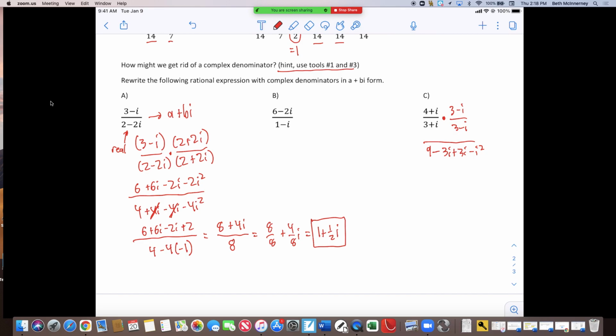And on the top we'll have 12 minus 4i plus 3i minus i squared. Move this so that there's a little more space.